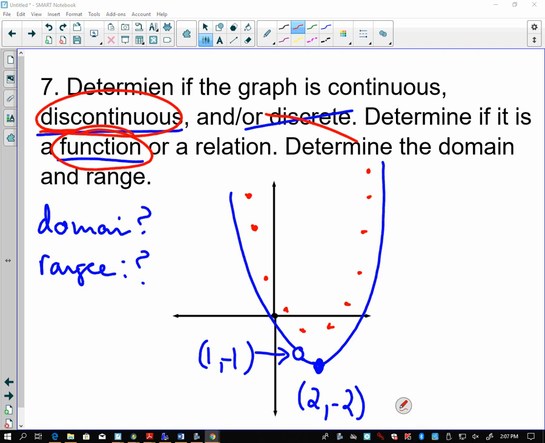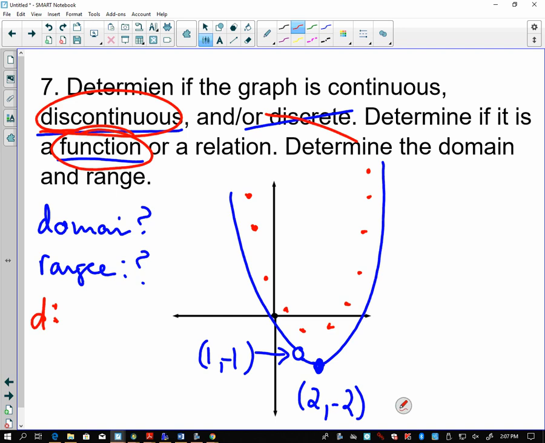Scroll down here to number 7. Okay. All right. So, can we go so far as to say all real numbers for domain? No, yeah, no, yeah, are the responses I'm getting. Just for posterity's sake, they won't know unless I say what you're saying.